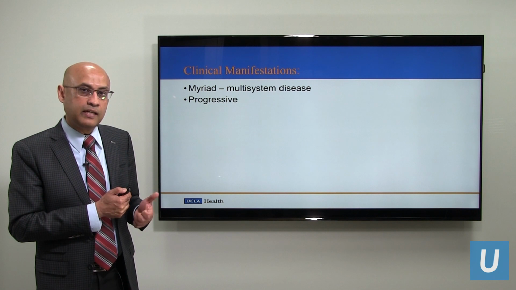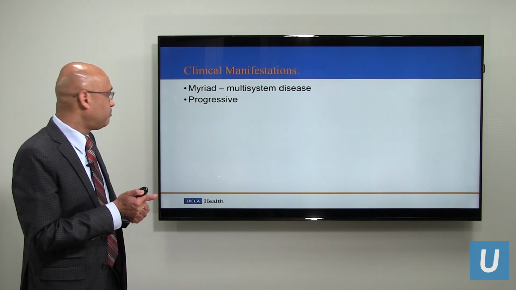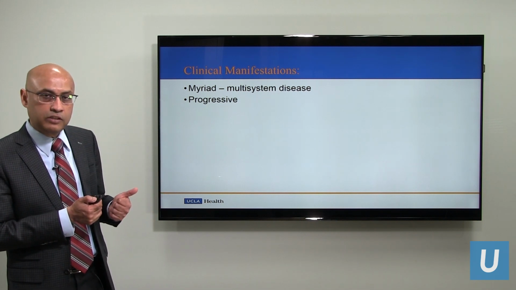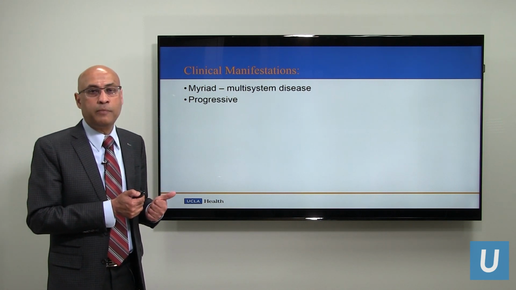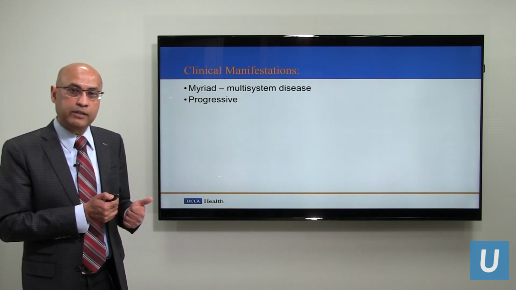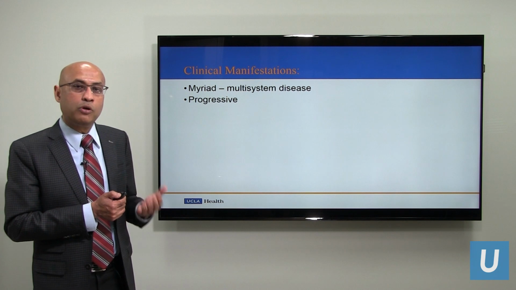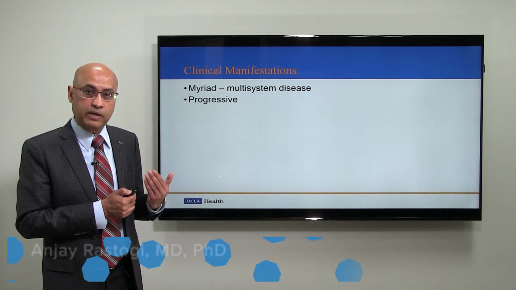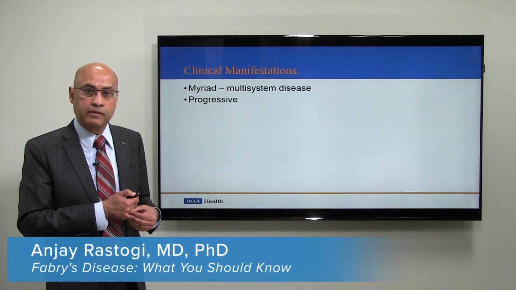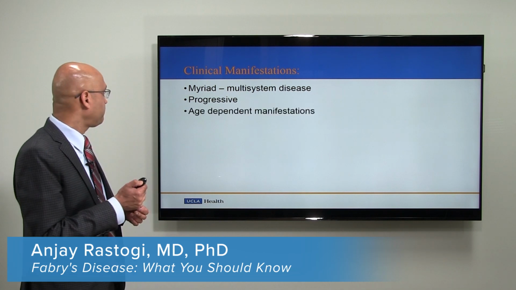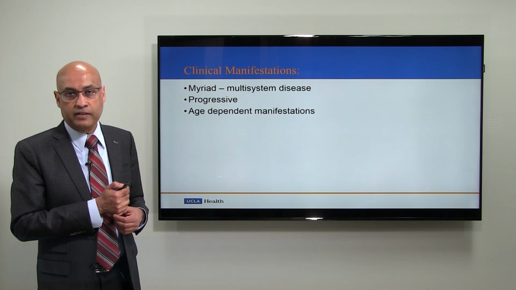There's, once again, like I said, increased mortality and morbidity. And before we had specific treatment, it was not common to see patients live beyond the age of 50. Now, since we know more about the disease, and we also have treatments, patients are living much longer and much healthier.